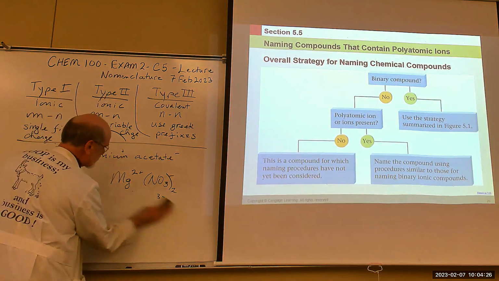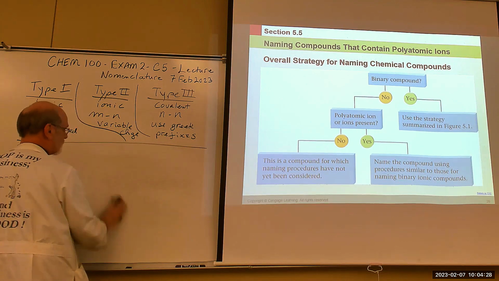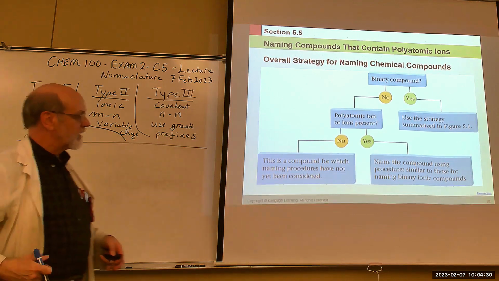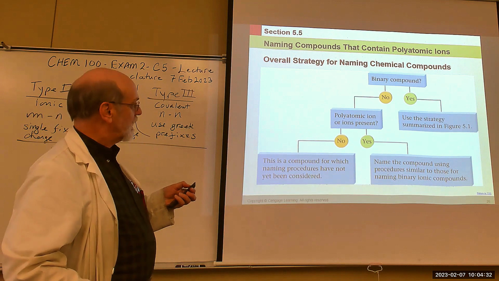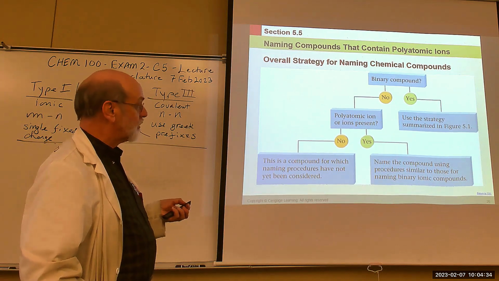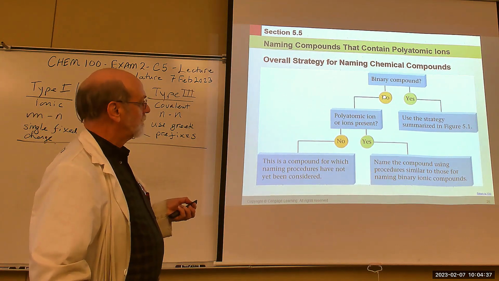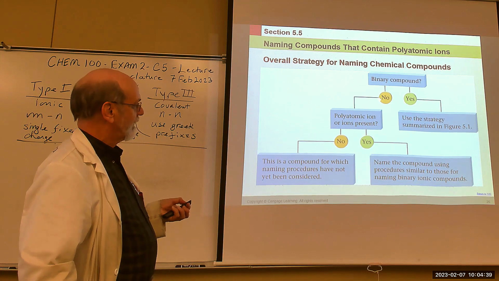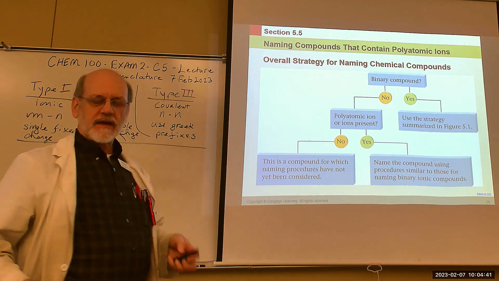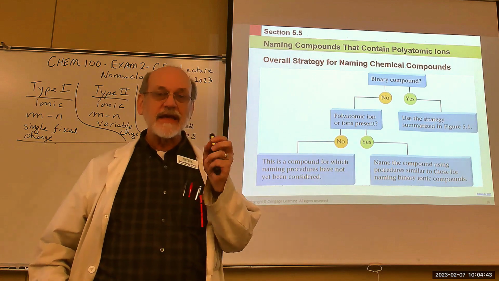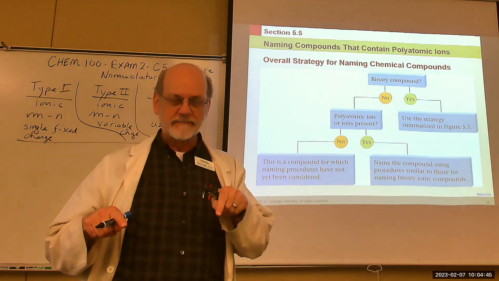Okay, so here's another decision tree. Binary compound. Is it a polyatomic? Is there a polyatomic ion there? Well, what they're naming binary is 1 element, 1 element.